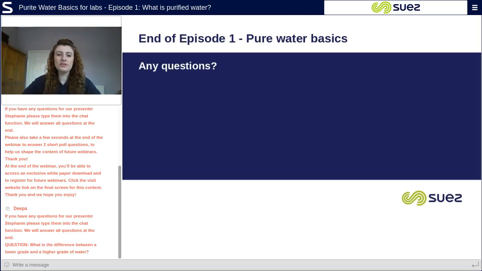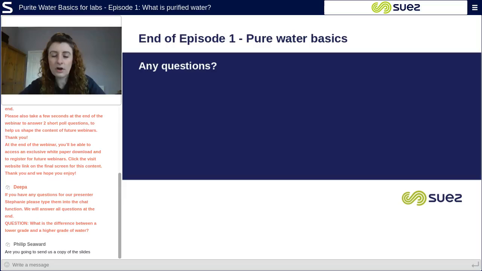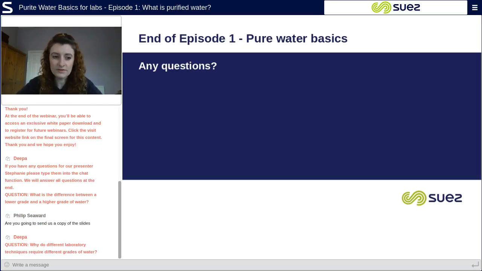A higher grade of water will have lower amounts of minerals, organics, and bacteria, and for example, could have a resistivity of around 10 megohms.